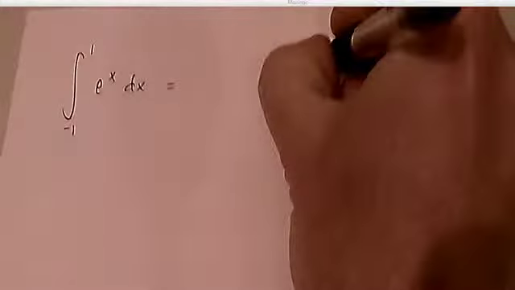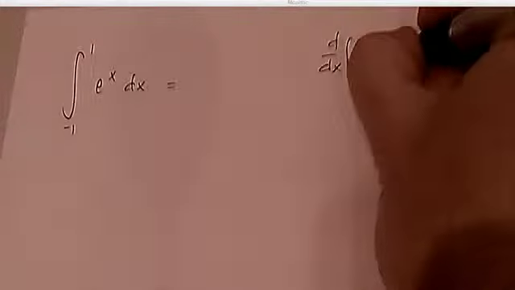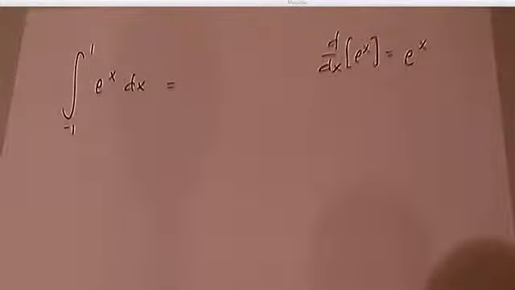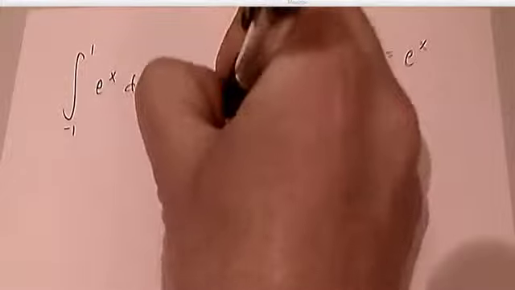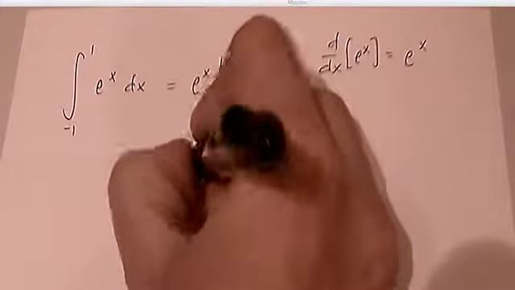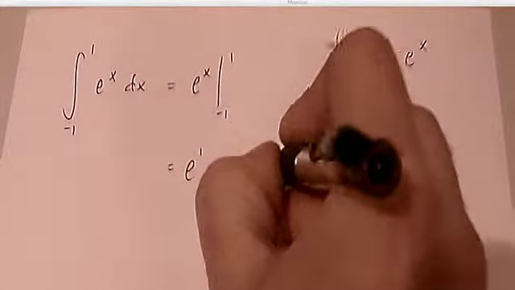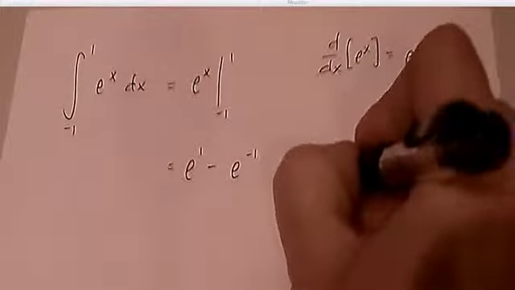Well, remember, you're going the opposite way from differentiation. The derivative of e to the x is simply e to the x. So if they're identical, then going backwards ought to be really easy. E to the x from -1 to 1 winds up being e to the 1 minus e to the -1, or e minus 1 over e.